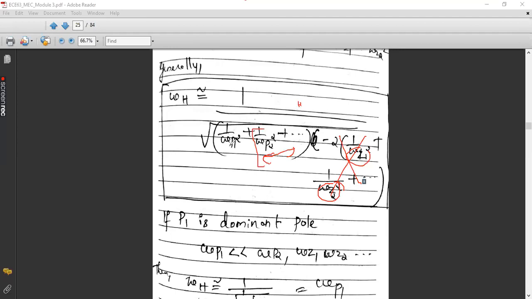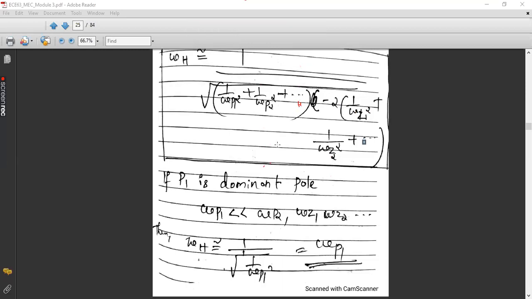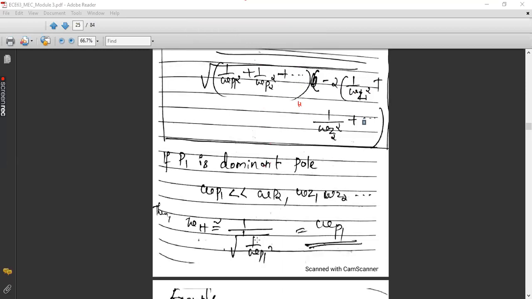So 0 plus 1 by omega p1 square, that will be root of 1 by omega p1 square, which is 1 by omega p1. So this equation can now be rewritten as 1 divided by 1 by omega p1. Correct now? 1 divided by root of 1 by omega p1 square, that means it is omega p1. So now I got the equation for omega h for the dominant pole case. So omega h is equal to omega p1.